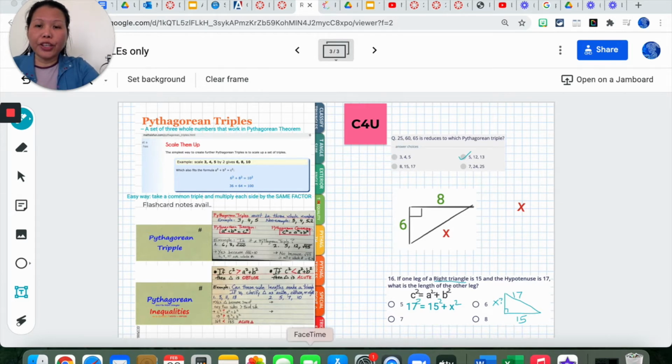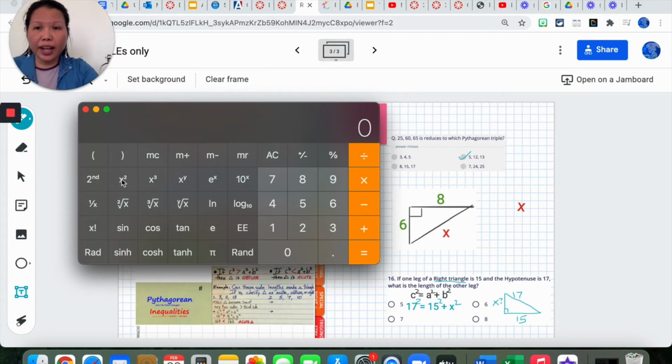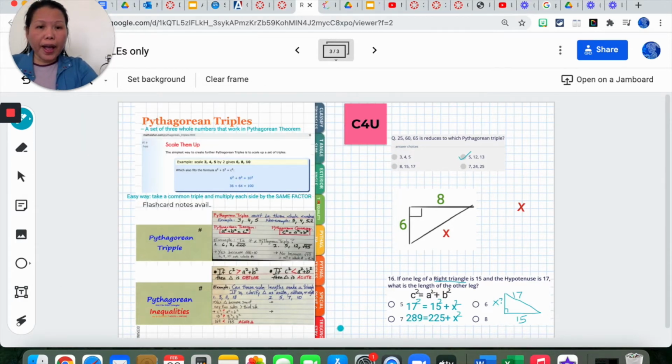And you may use a scientific calculator or just a simple calculator. If you don't have this key right here for x squared, you may just go ahead and use 17 multiply 17 if you don't have that key, okay? And you are going to get 289. Solving for x, I'm going to eliminate everything with the x. I'm going to go ahead and subtract 225 from both sides.